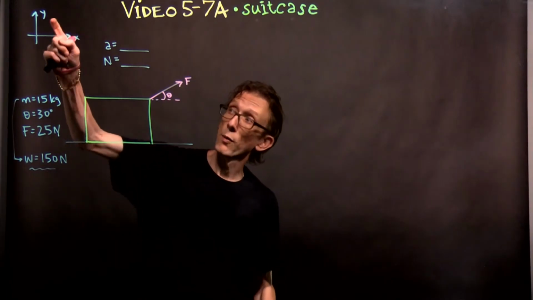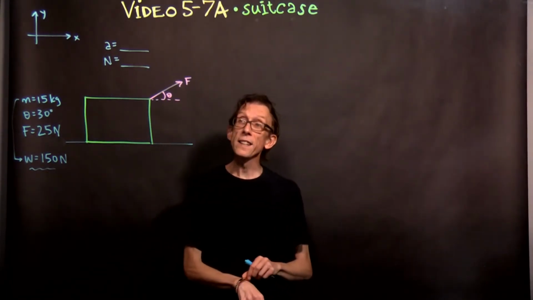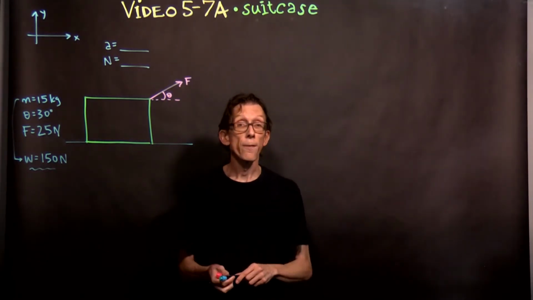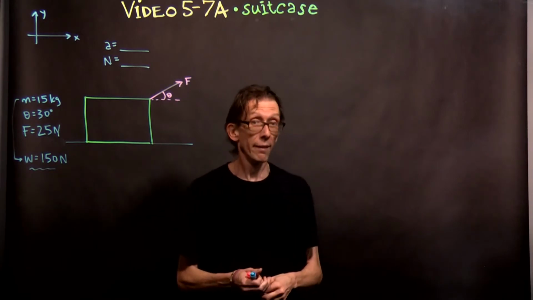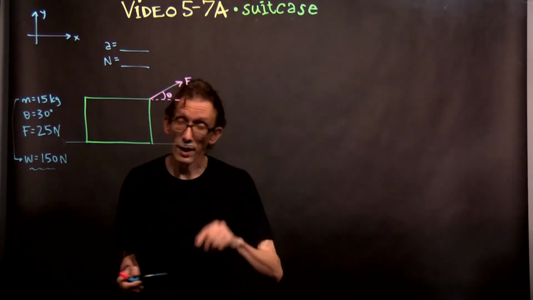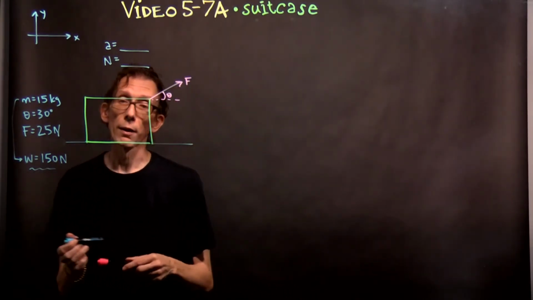All right, we have our standard reference frame up here. And in order to define these 2 things, acceleration and the normal force, the first thing we're going to do is what? Number 1, first thing, right out of the gate, we're going to make a free body diagram.